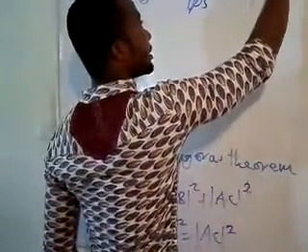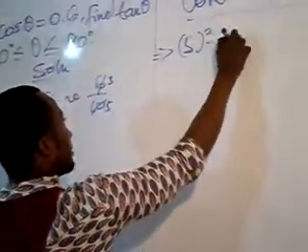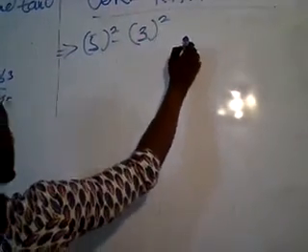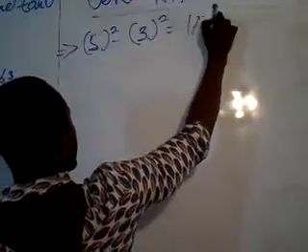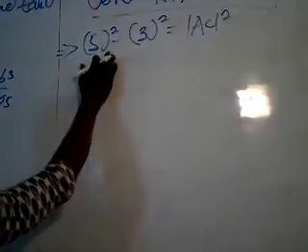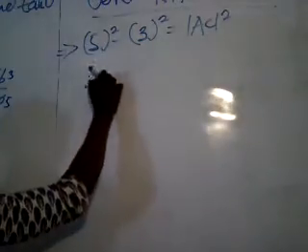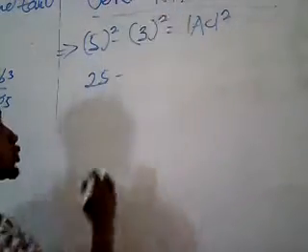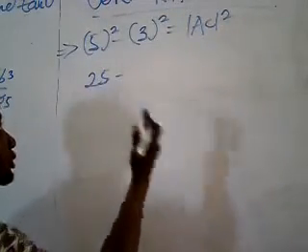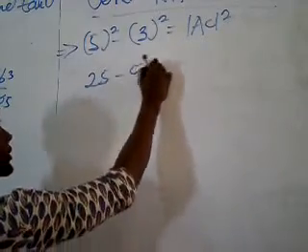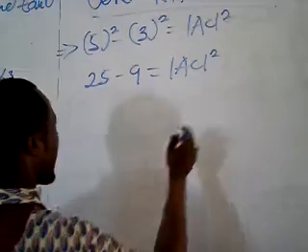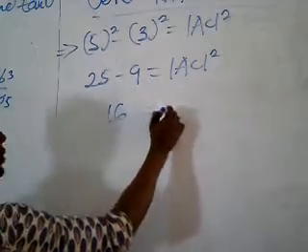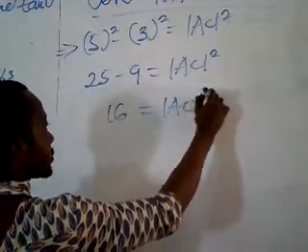So this implies that we have 5 square minus, in brackets, AB which is 3, square, which is equal to AC square. 5 raised to the power 2 will give us 25, meaning that 5 multiplies itself 2 times, minus 3 to the power 2, which also gives us 9, meaning that 3 multiplies itself 2 times. So we have 25 minus 9, which gives us 16, equal to AC square.